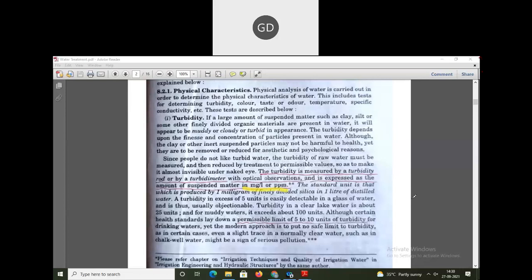While measuring the turbidity of water, there is a standard unit.